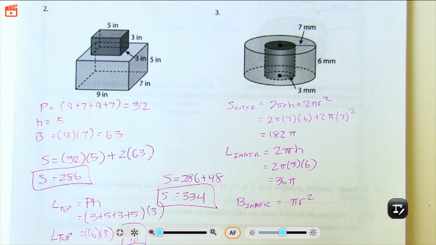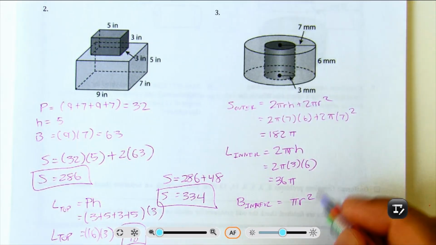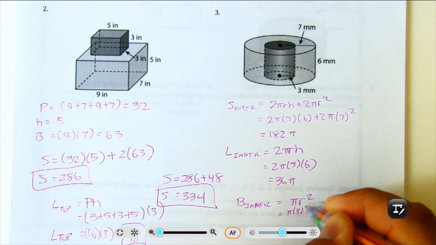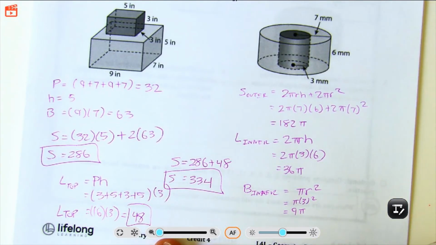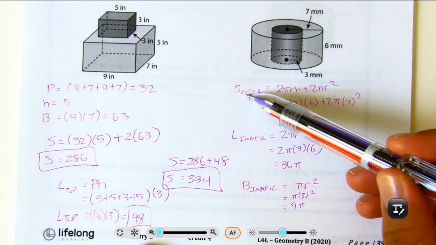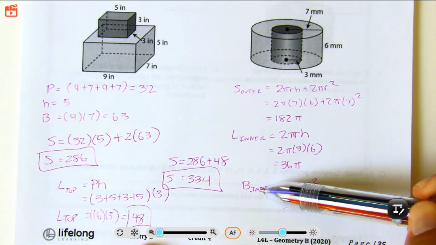So I'm just finding the area of the circle, and the radius is 3, so this is pi times 3 squared, which ends up being 9 pi. So the way we're going to be doing this is we're going to have the outer plus the inner minus 2 times the base, the inner base.